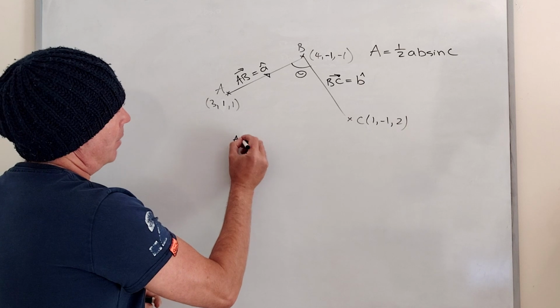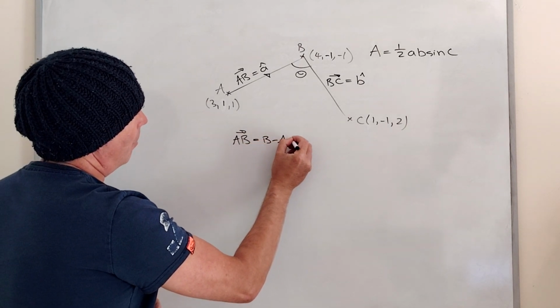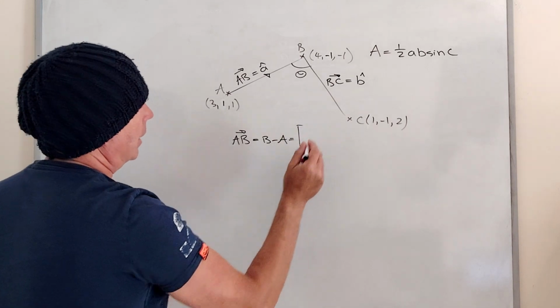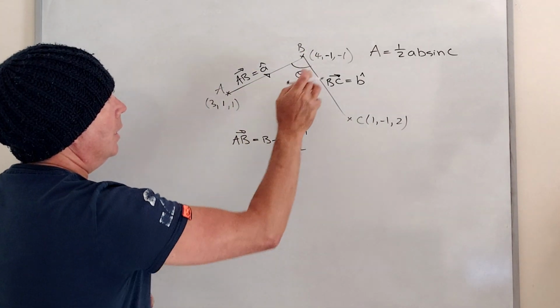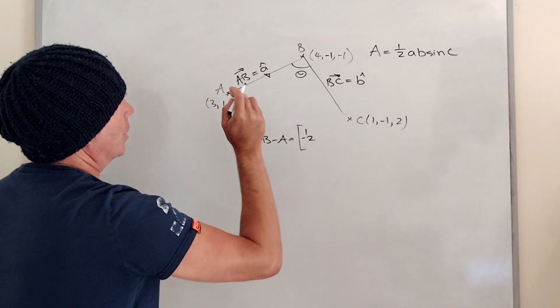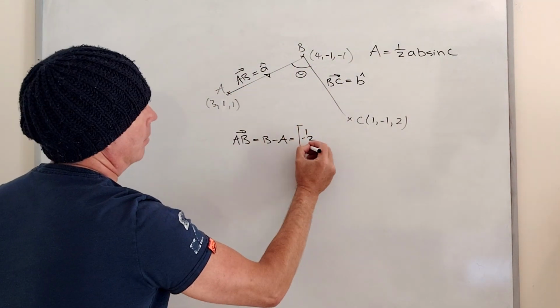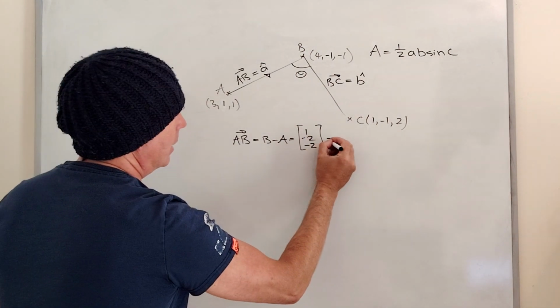Well, I'm going to write down the vector AB first, which is equal to B minus A, for standard vector calculation. So 4 subtract 3, nicely 1. -1 subtract 1 is -2. And -1 subtract another 1 is, again, -2, as my first vector. And that's going to be my vector a.